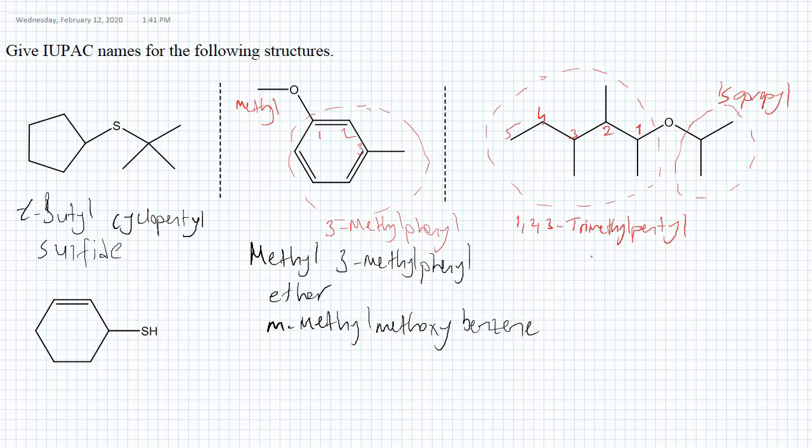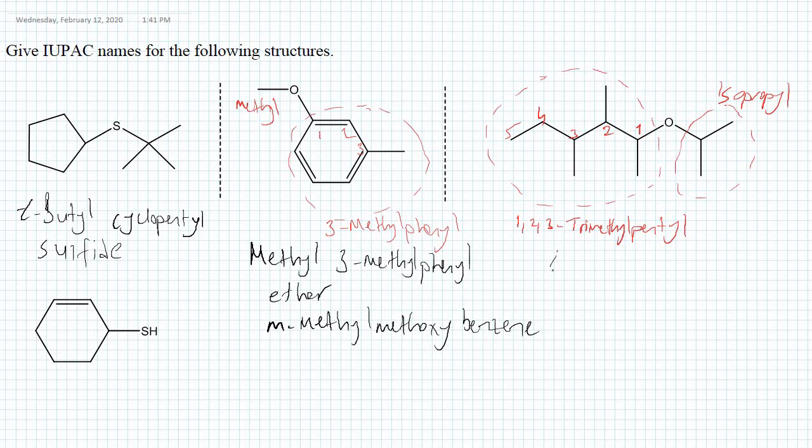Which one do we have to go first when we are reporting the name? Isopropyl starts with I. Trimethylpentyl starts with M, because this is a complex naming. So it's going to be isopropyl. Let's write with the black one.